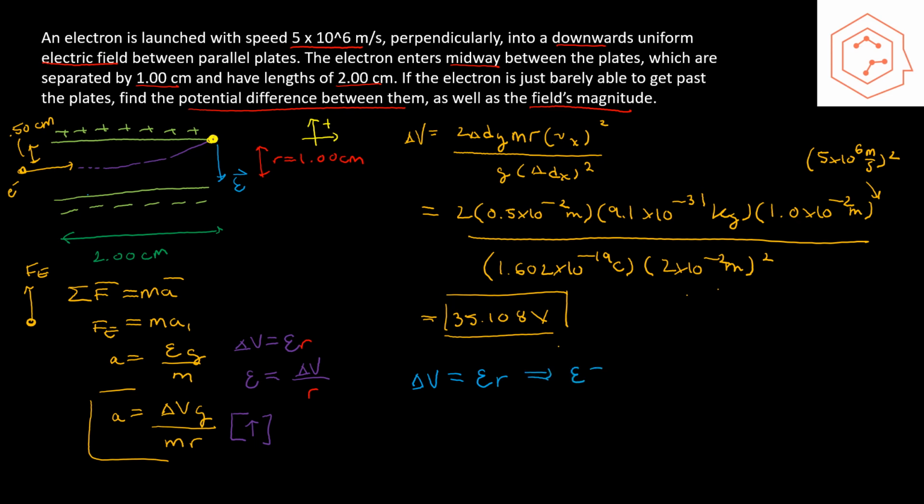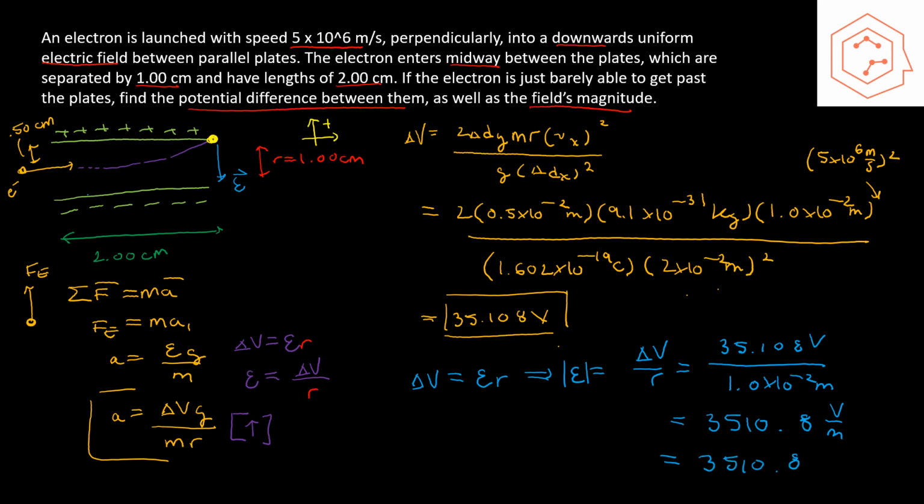And so E in magnitude is equal to delta V divided by R, which is equal to 35.108 volts divided by R, which is 1 centimeter, or 1 times 10 to the negative 2 meters, which is equal to, if you plug that into your calculator, 3510.8 volts per meter. Volts per meter is the same thing as 3510.8 newtons per coulomb.